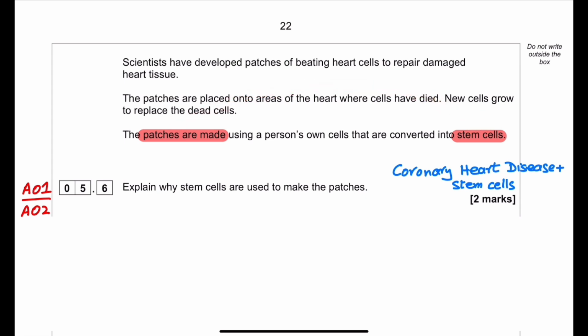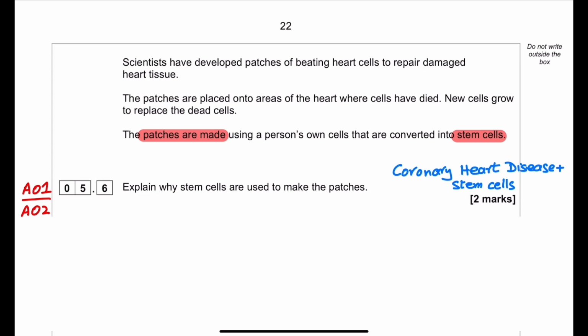Now the question comes here, why the stem cells are used. Stem cells are actually undifferentiated or unspecialized cells, so they can develop into any kind of cell. They can develop into muscles, they can develop into heart cells, therefore the stem cells are used. These patches are made from the person's own cells and they are converted into stem cells.